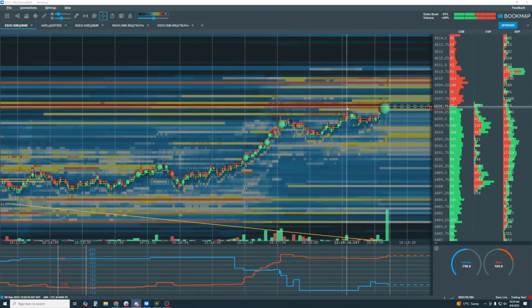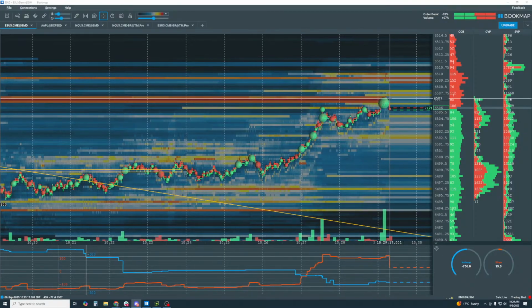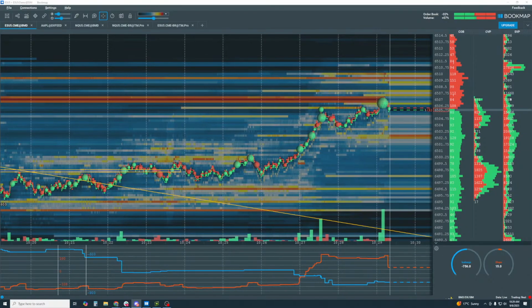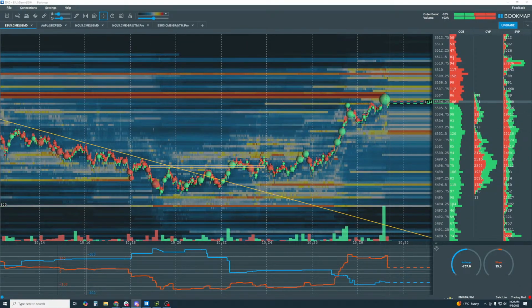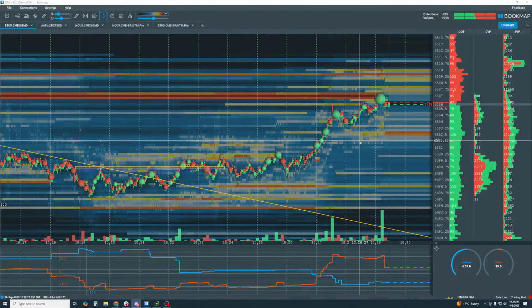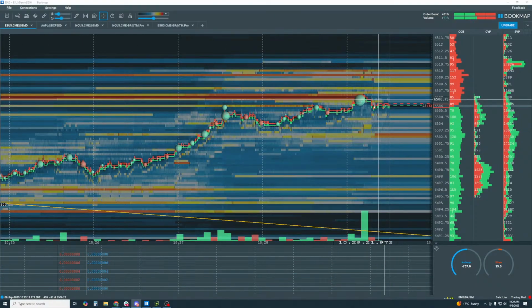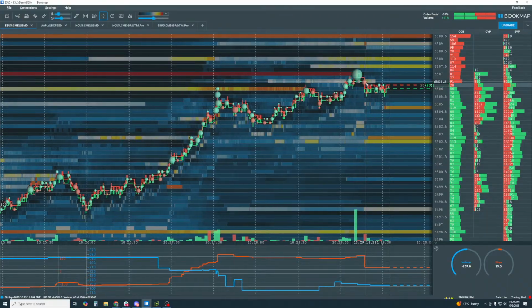If we even get it, right? We're still getting more buying momentum here. Okay, so we did trade to 07 up here. We hit that liquidity and we traded.